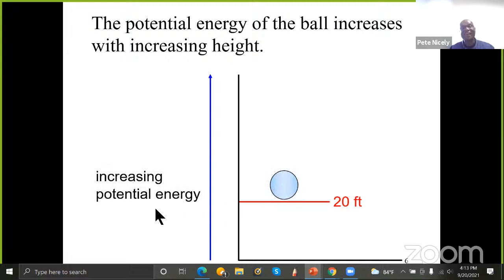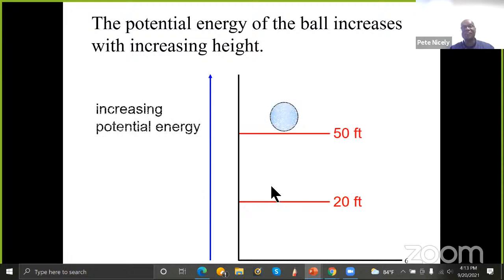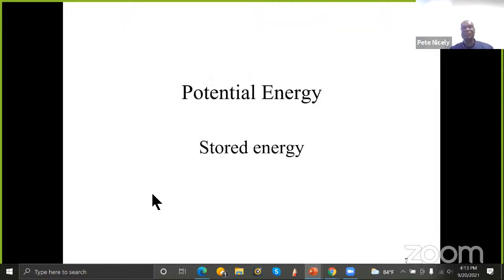At 20 feet, the ball will have a certain amount of potential energy, and if you move it up to 50 feet, the potential energy increases. So the greater the energy, the higher the ball is lifted above ground level. That's just one example of potential energy: it's the energy that the ball has by virtue of its position relative to ground level.